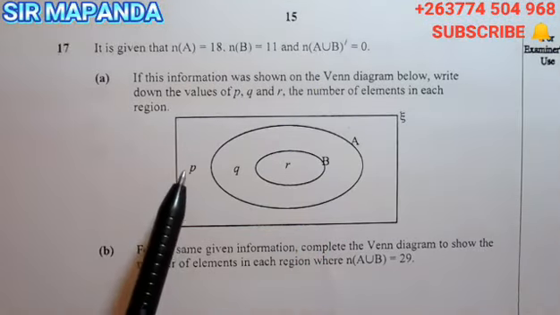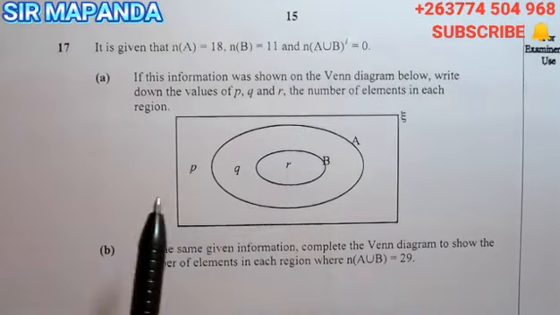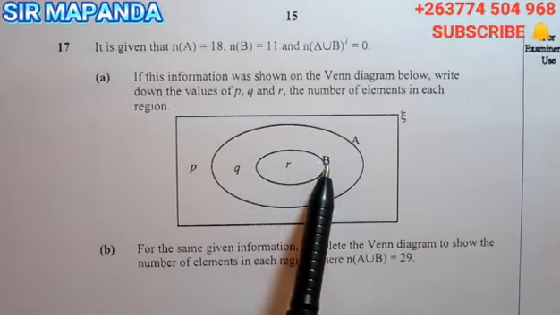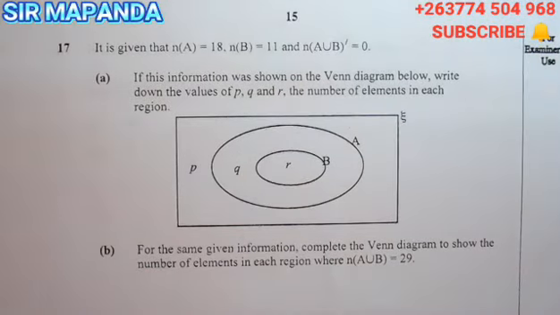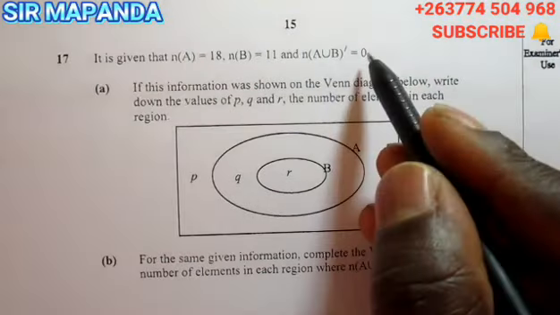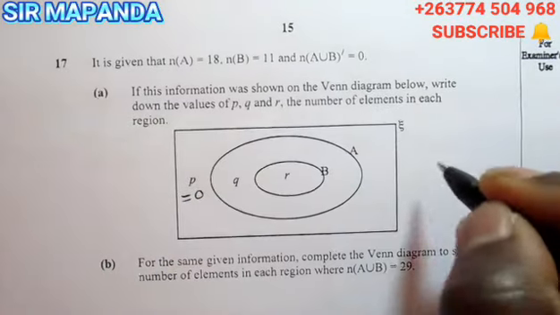So you can clearly notice that this P is not in A and this P is not in B. It represents the number of elements which are neither found in set A nor set B. So in simple terms, 0 is representing P. It means P is equal to 0.